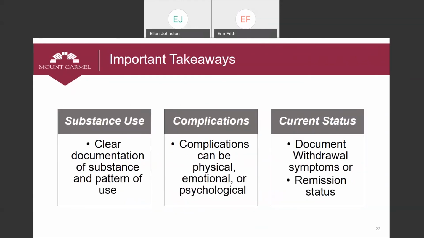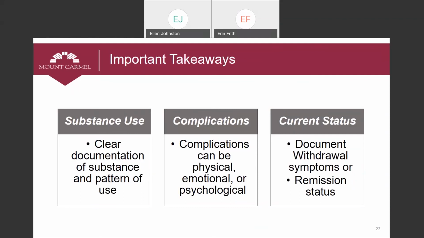To summarize our content today, we have 3 important takeaways for review. Number 1, when a patient is using a substance, make sure there is clear documentation of what substance they are using and the pattern of use. Number 2, if the patient has experienced complications from substance use, document those as well.